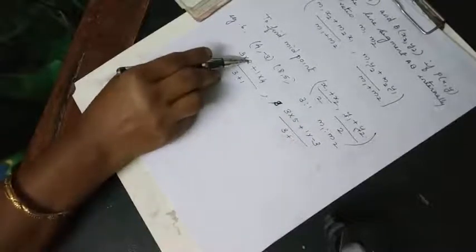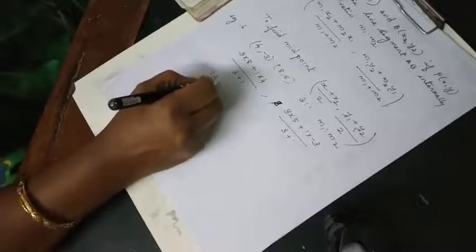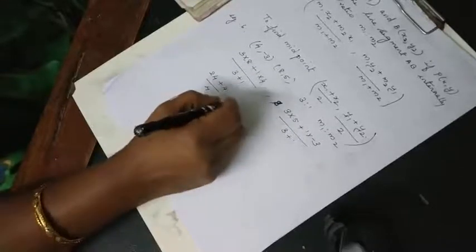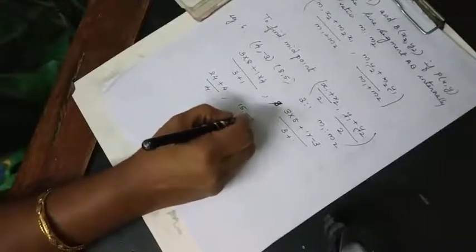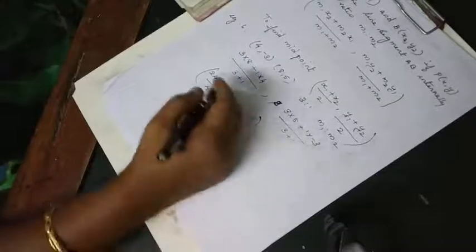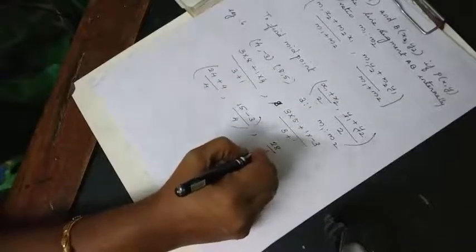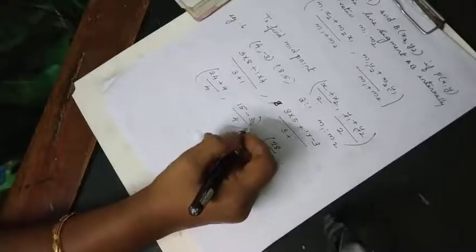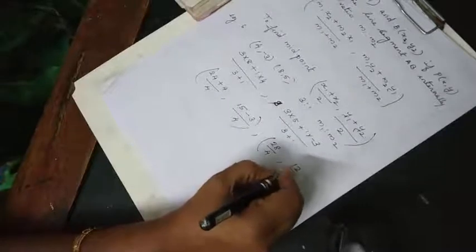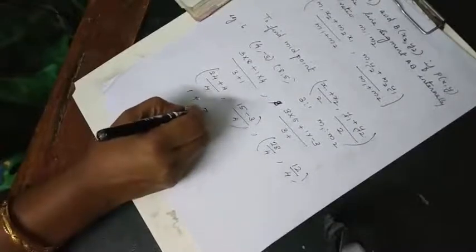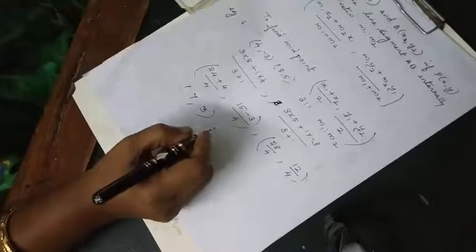So 3 into 8 is 24, plus 4, by 4, and 15 minus 3 by 4. 24 plus 4 is 28 by 4, and 15 minus 3 is 12 by 4. 28 by 4 is 7, and 12 by 4 is 3.